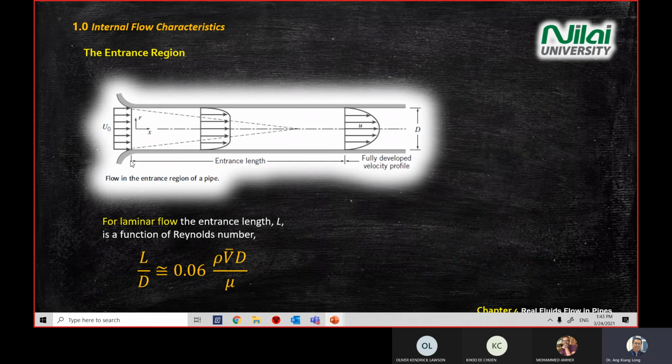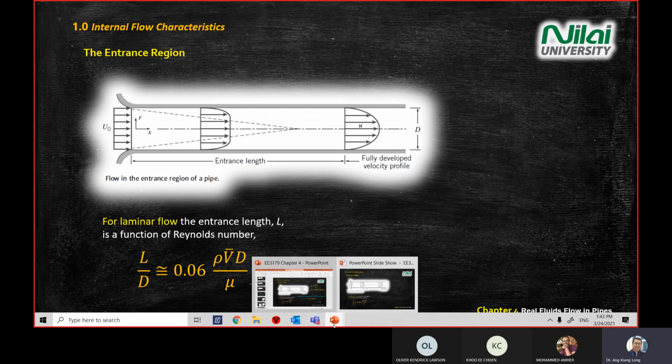The flow needs to travel a certain length to reach the fully developed scenario. So the ratio is L over D equals 0.06 Reynolds number. The scenario that we look at today is the fully developed region, where the flow has travelled a certain length to reach a fully developed velocity profile.